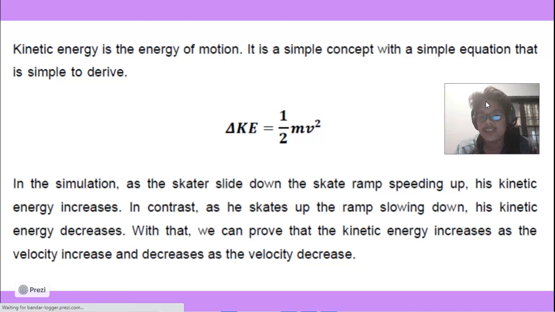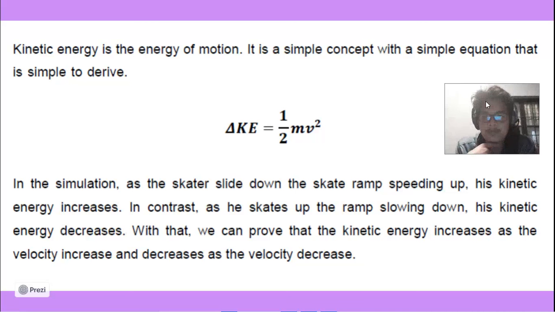And thus, the kinetic energy becomes potential energy. In situation 1, as he goes down, the potential energy is being converted into kinetic energy, and thus he speeds up. As we can see here, the kinetic energy is equal to 1/2 of mass times velocity squared. In contrast, when he goes up, the kinetic energy is converted into potential energy.